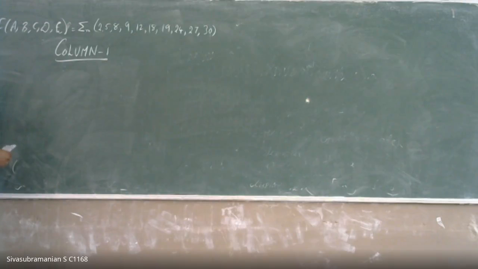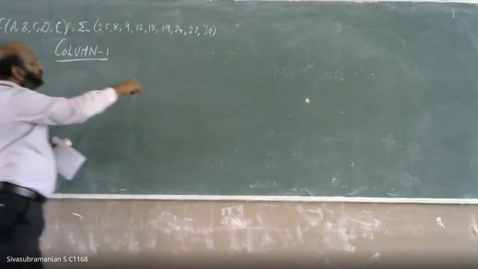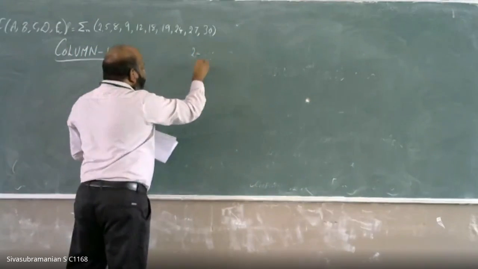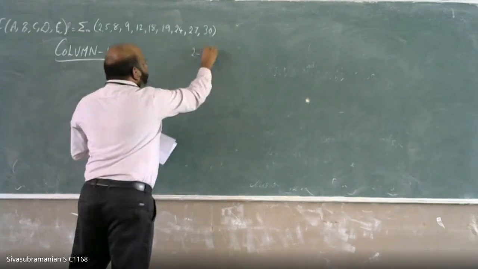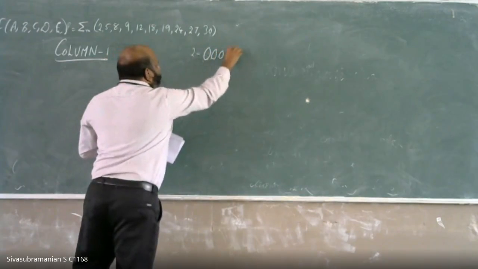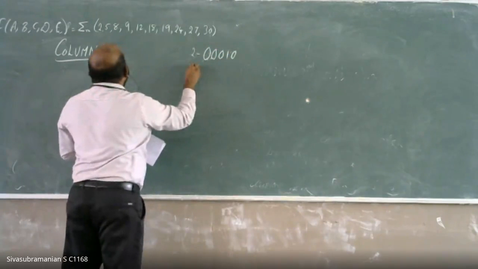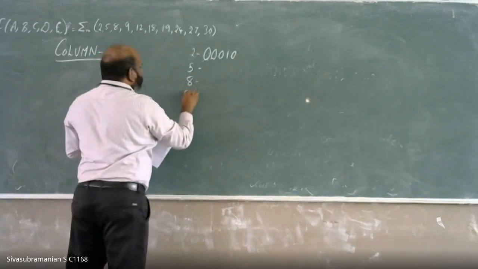Okay. So what I will do is first I will represent all my minterms here. So the minterms, first let me write down what those terms are. So this 2 is what I'm going to represent as 00010 and then 5, 8, 9.